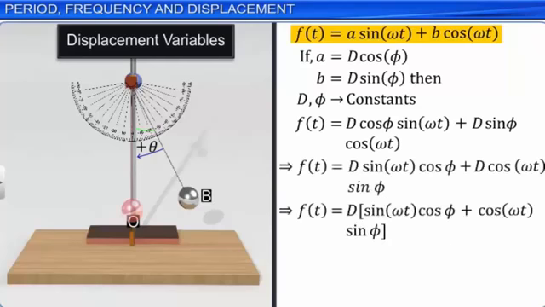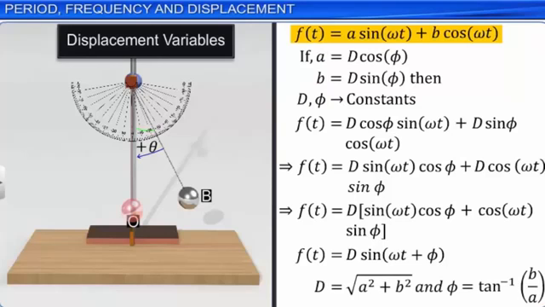We are aware of the constants a and b. Hence, we need to express the new assumed constants d and φ in terms of the known constants a and b. Using trigonometry again, we get the constant d = √(a² + b²), and the constant φ = tan⁻¹(b/a).